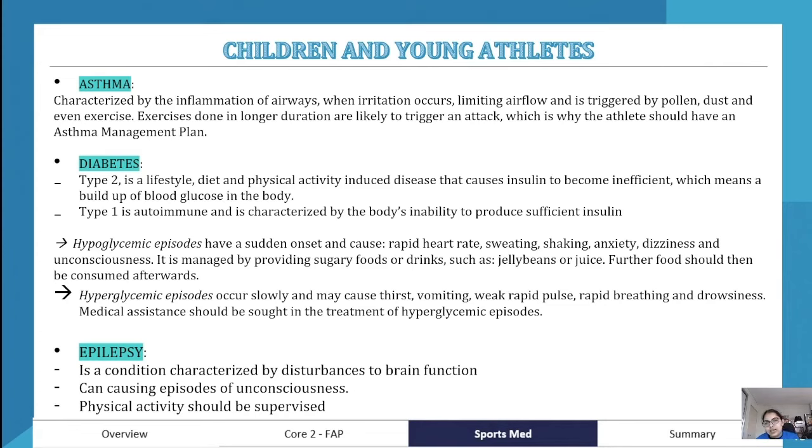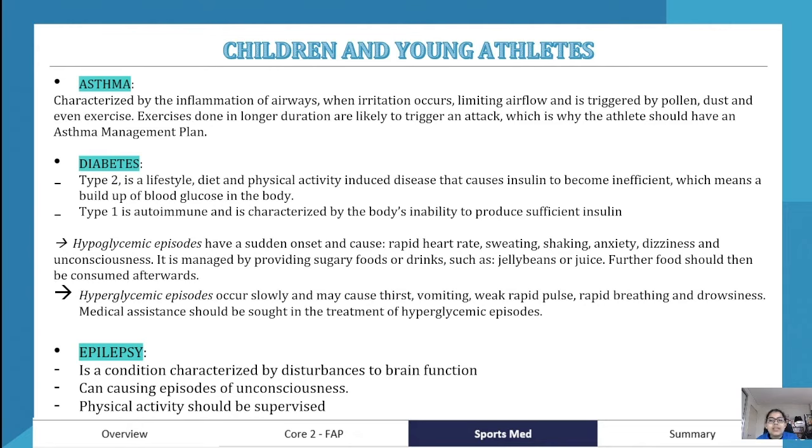Firstly, asthma. I'm going to give you the theory for it because it's important for you to know, if you get a question about a young athlete who has asthma, how should a coach manage it? You need to be able to give information about what the condition is, what it involves, and how the coach is to manage that in the athlete.